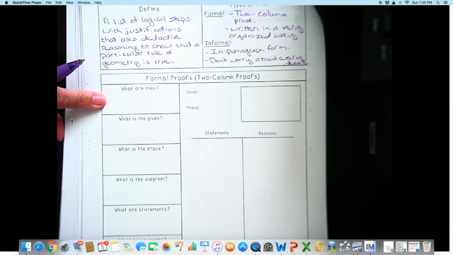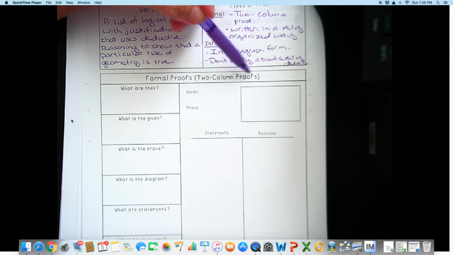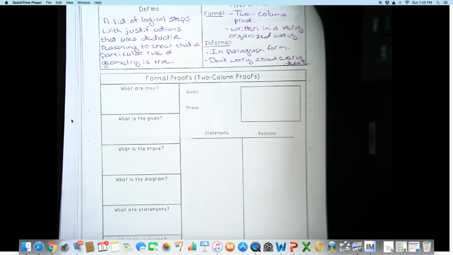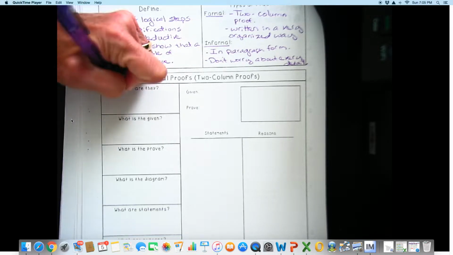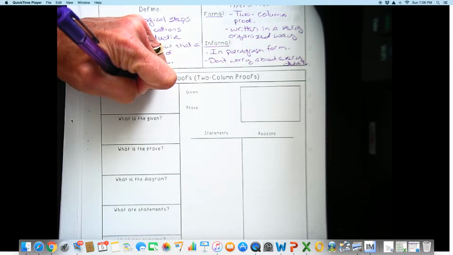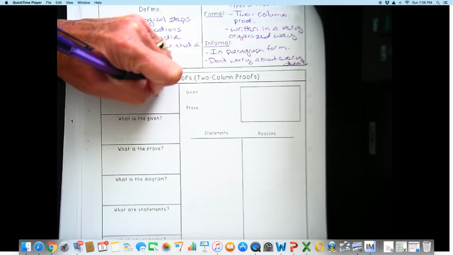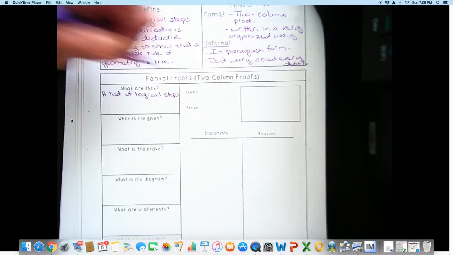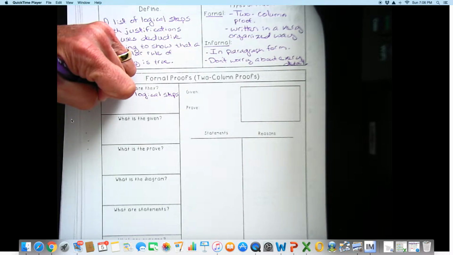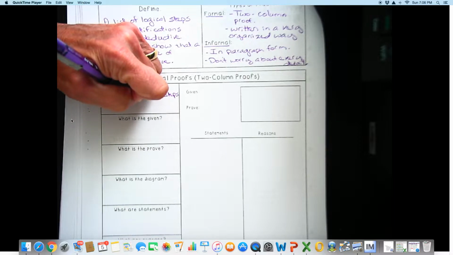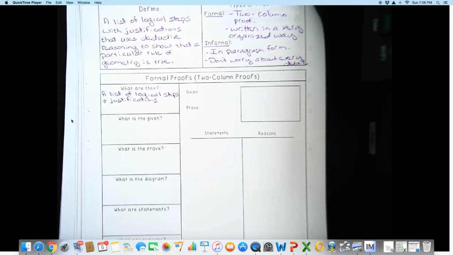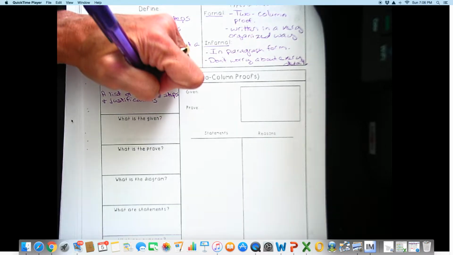All right, so let's first talk about formal proofs or two-column proofs. What are they? It's a list of logical steps and justifications written in a very organized way.